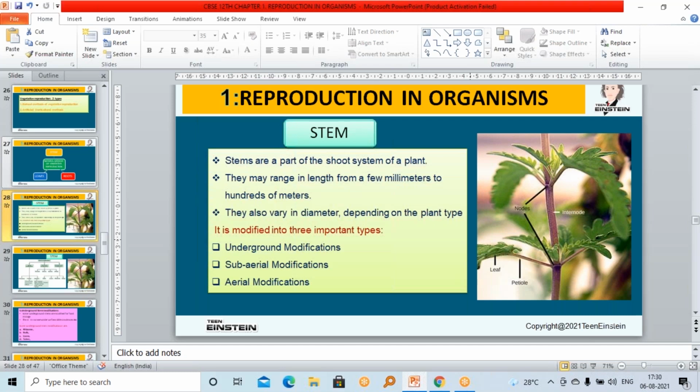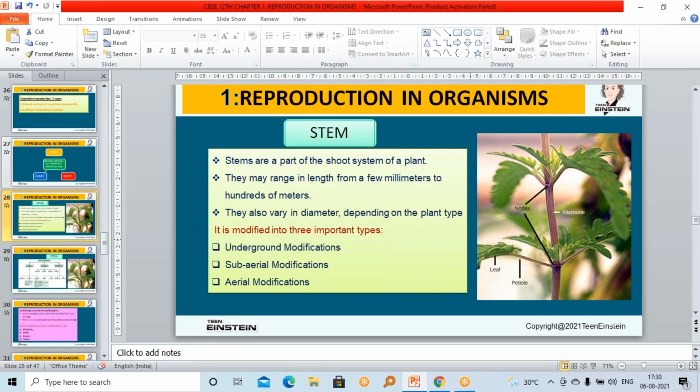Then next, above the root, what is there? Stem. Stem is a part of the shoot system. And what is it helping with? It is helping in the conduction of water and nutrients. The root is absorbing the water and nutrients, and through the stem, it reaches the leaves and other parts of the plant.